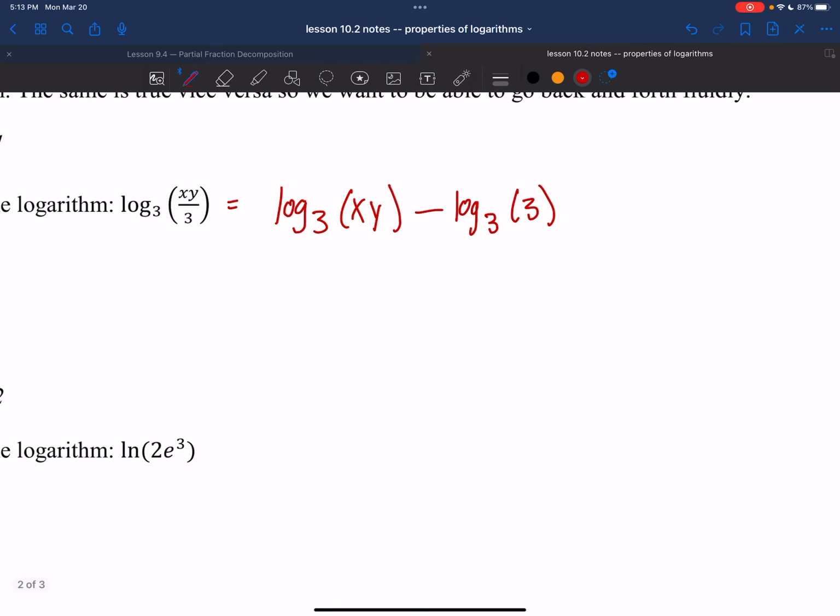But then this is x times y. So you can actually expand that further because since it's x times y, this is log base 3 of x plus log base 3 of y. Because that's what the product rule says. That is quite literally what this rule right here suggests. And now I've got this minus log base 3 of 3. But hey, guess what?